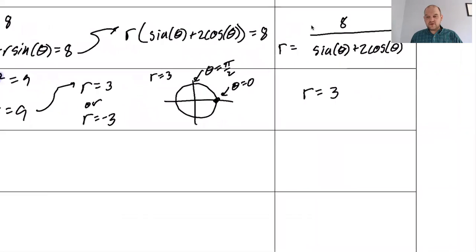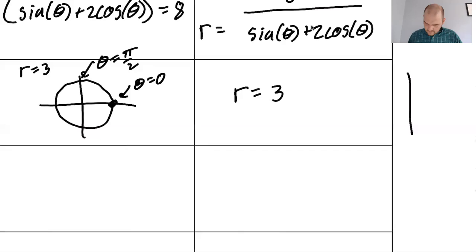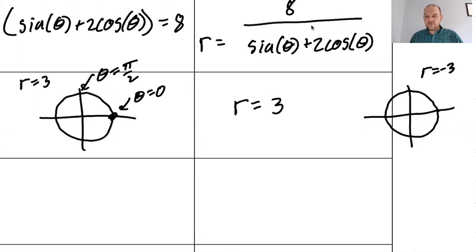If you choose r equals negative 3, it's still just a circle that has a radius of 3. But when theta is 0, you're facing the positive x-axis, but you walk backwards. So you're actually here at theta equals 0. And then when theta equals pi over 2, r is negative 3.